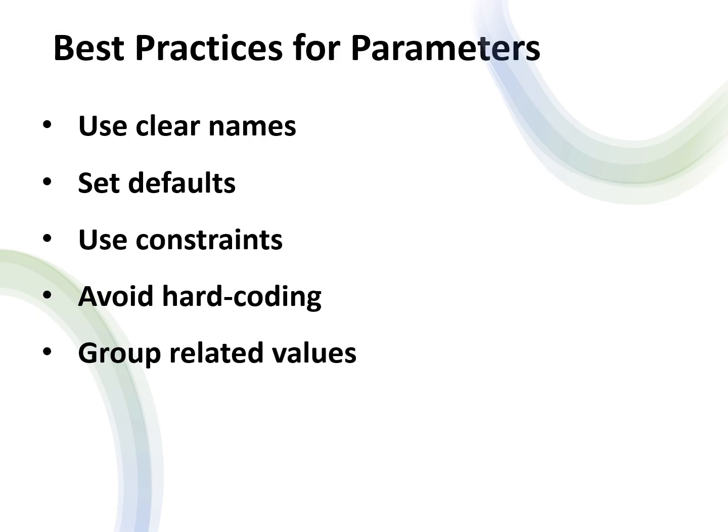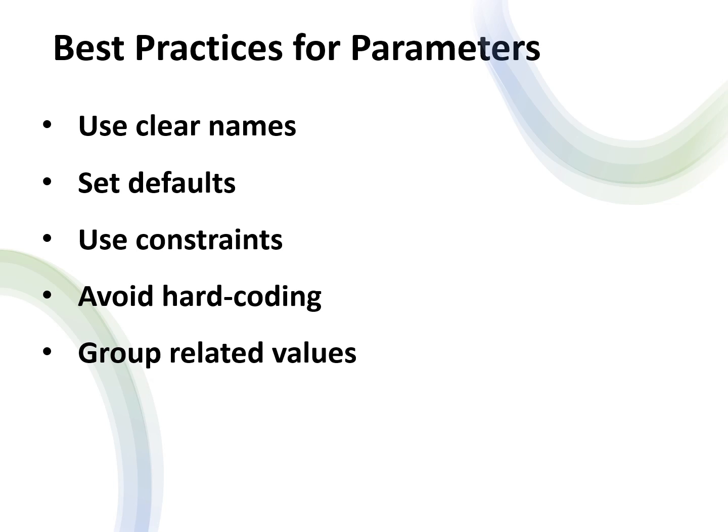Here are some best practices for parameters. Make sure parameter names are easy to understand by using clear names. Where feasible, set default values to avoid unnecessary validation errors. This will save time during deployment. Where applicable, use constraints. Add decorators like allowed or secure to make templates reliable.